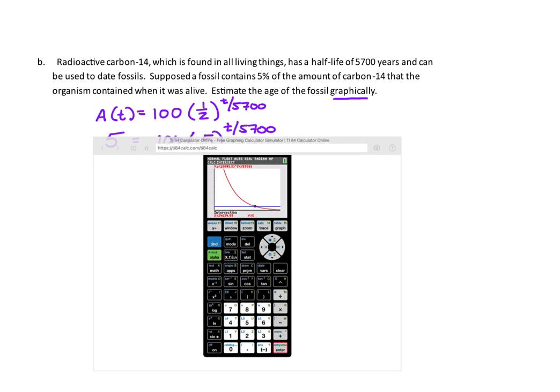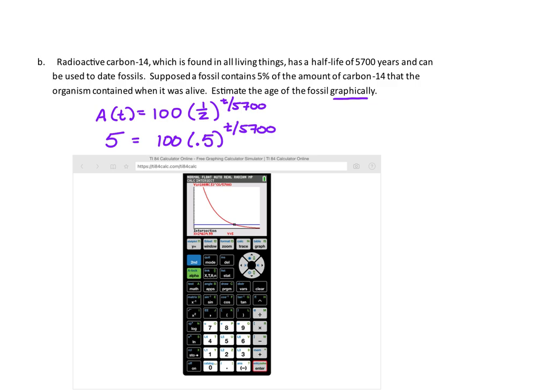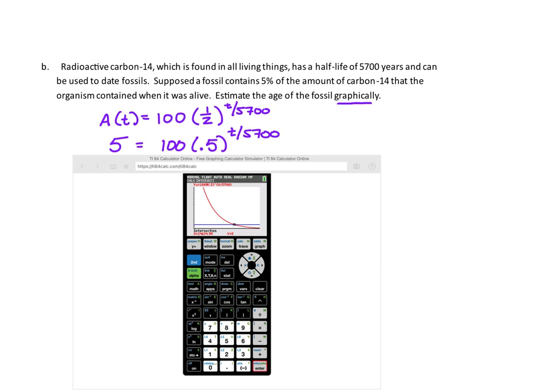And so that is going to be my answer. T equals 24,635 years.